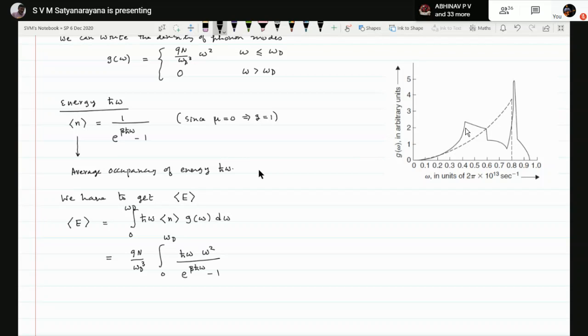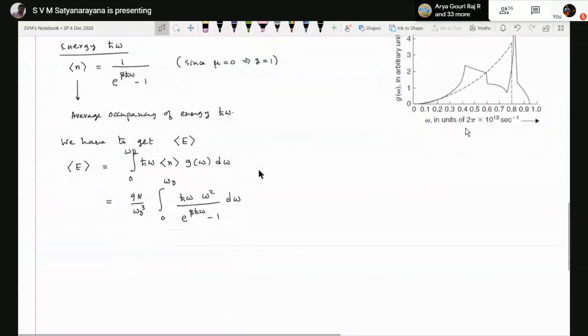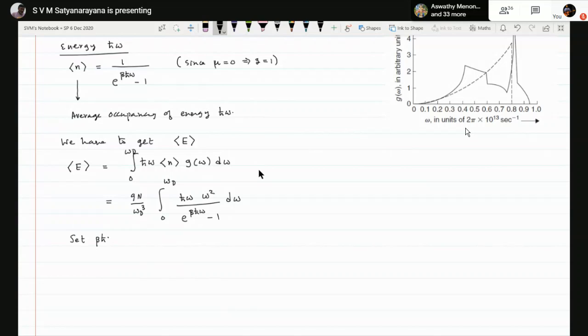Now you can see that this omega d is some constant. We can simplify this a little bit by setting beta into h cross omega as some x.